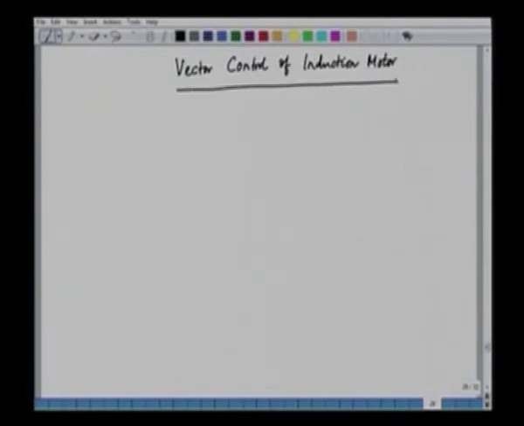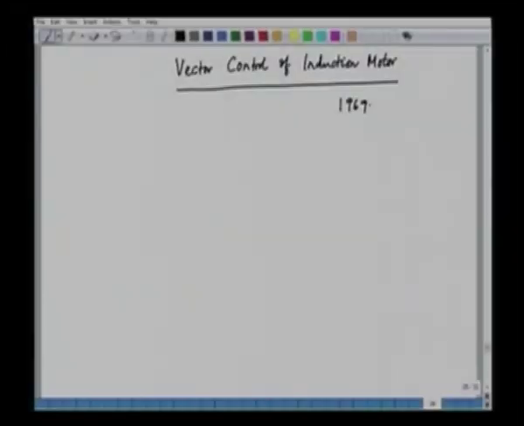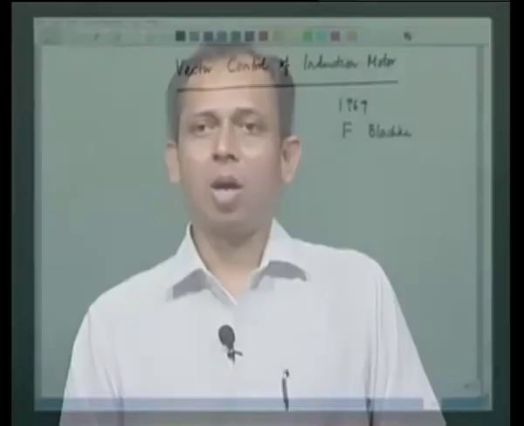This vector control is not a new way of controlling induction machine. In fact, the very concept, the principle, was given sometime in 1969 by a scientist called Blaschke. Blaschke gave an idea for control of AC machine called field oriented control. And this was also known as vector control because we are controlling the amplitude, the frequency, and the phase angle of the currents in the stator.